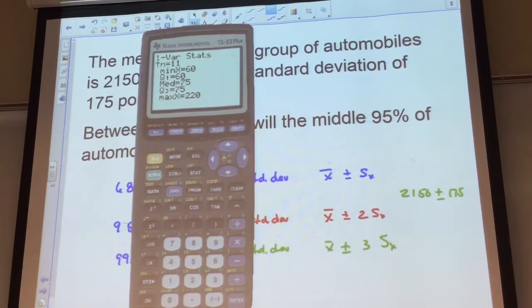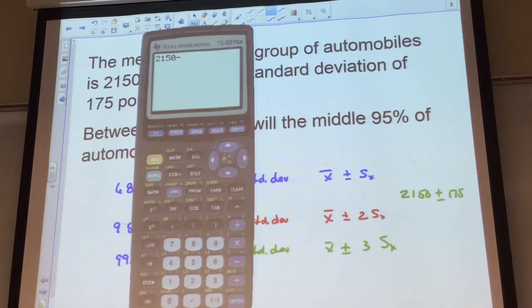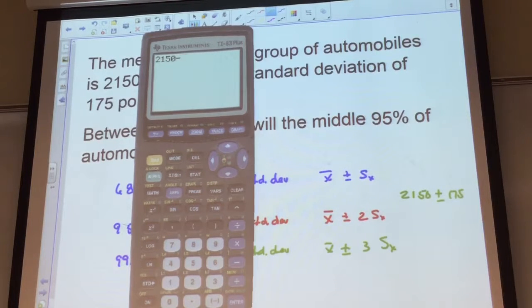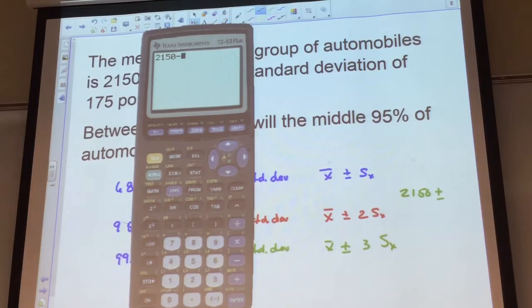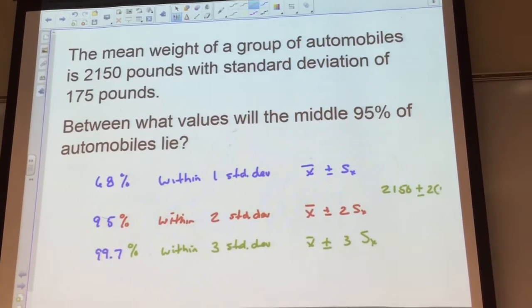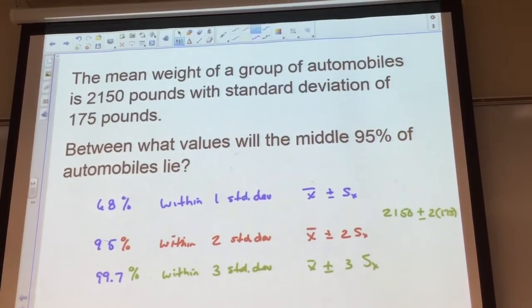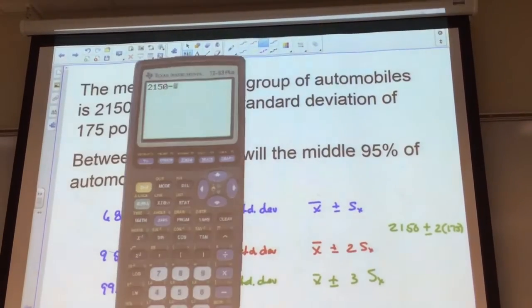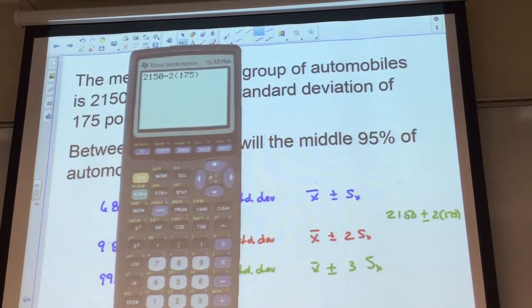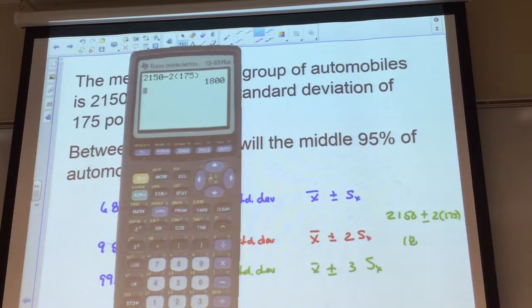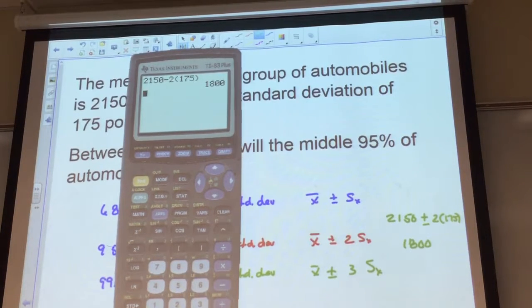So 2150 minus 2 increments of 175. So I got a little bit hasty on that. 2 increments of 175. Which would take you down to 1,800 pounds. And then you'd have the same thing, but you'd be looking at plus in the exercise.